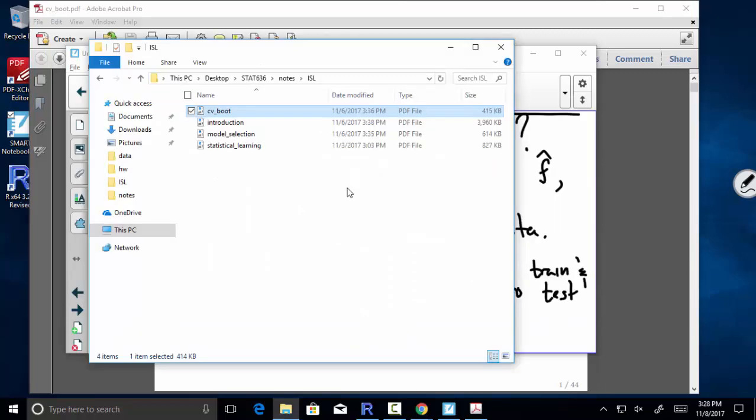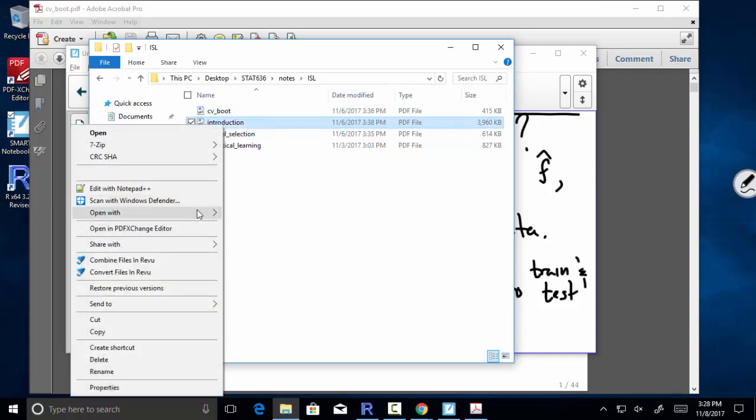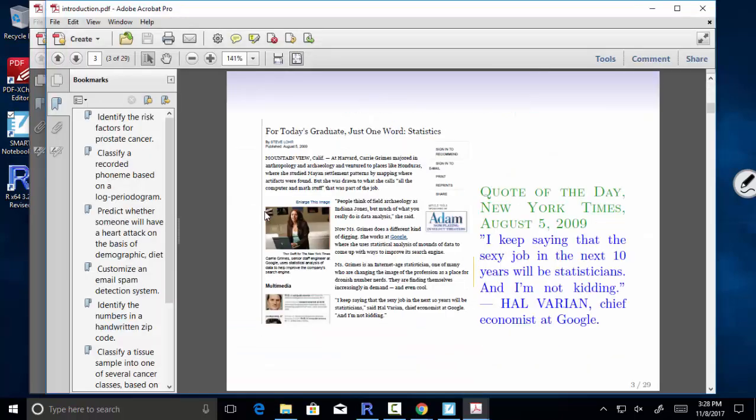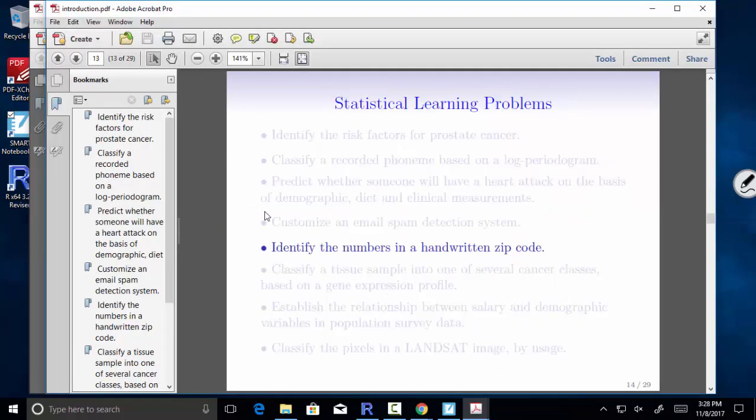For reference, let me show you the part of the Introduction to Statistical Learning that is relevant. Let's see if I can find it.